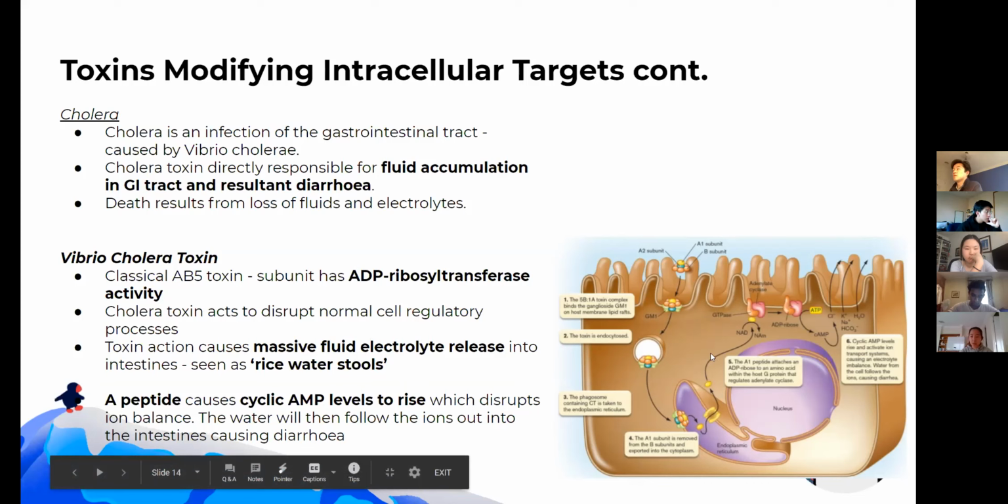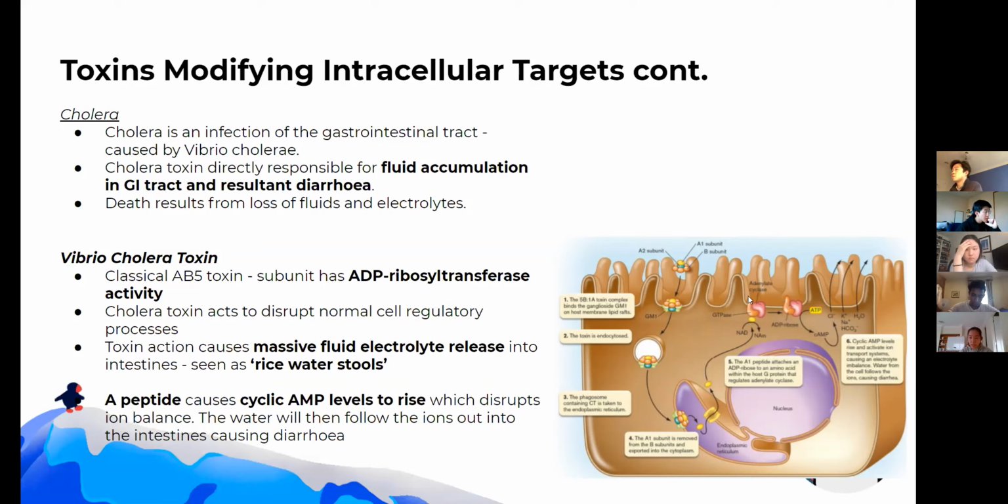What the A component of the cholera toxin does is target the adenylate cyclase on the surface of our intestinal cells, and it essentially tells the cell to pump out all our electrolytes. Water will follow these electrolytes out of our intestinal cells, and that's why we end up with diarrhea.